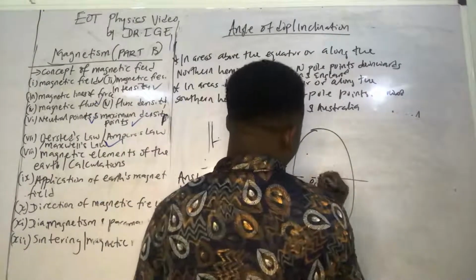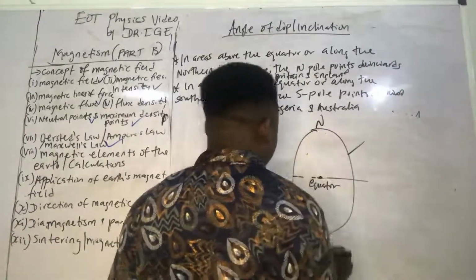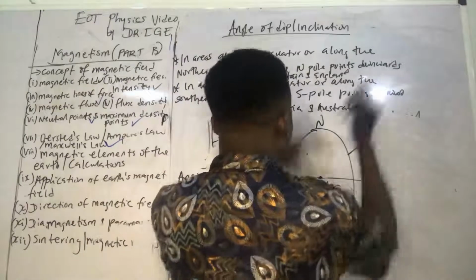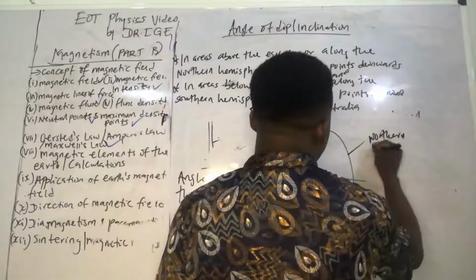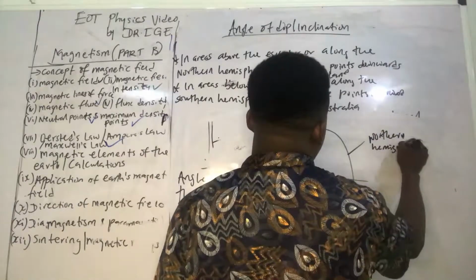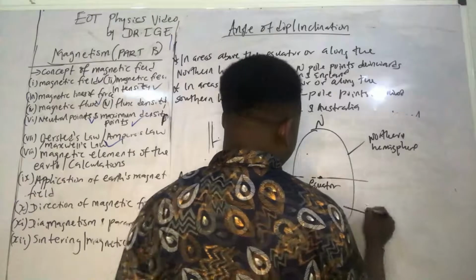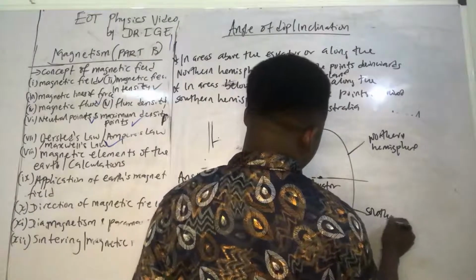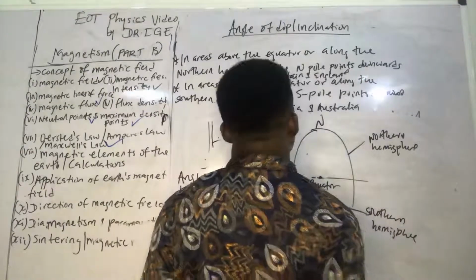So the middle is called the equator, right? So this is the north, this is south, right? Everything above the equator, we say it's the northern hemisphere, right? Because this is a sphere, and half of the sphere is called a hemisphere, right? So you now say, what? The southern hemisphere, right?